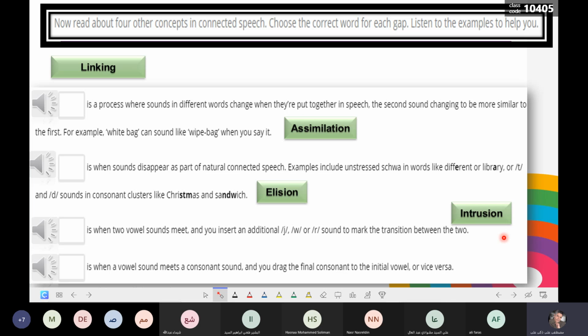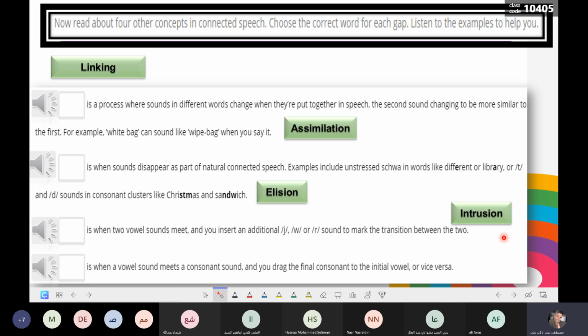And when we add yeh or weh, it depends on the vowels themselves. If the vowels have the sound oo or o, we add the weh sound. It goes with these vowels.